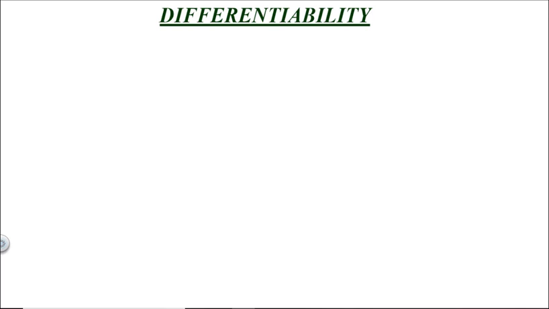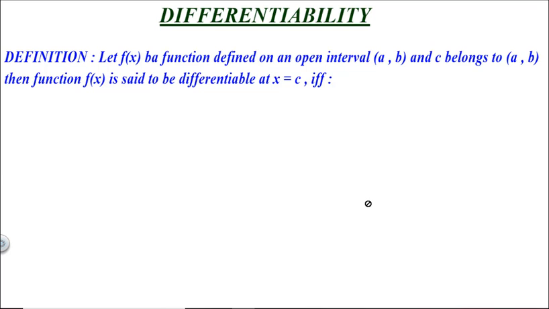Now, the point is, what do we mean by differentiability? The definition is: let f of x be a function defined on an open interval (a, b), and c is a point in this interval only. It belongs to the interval (a, b).